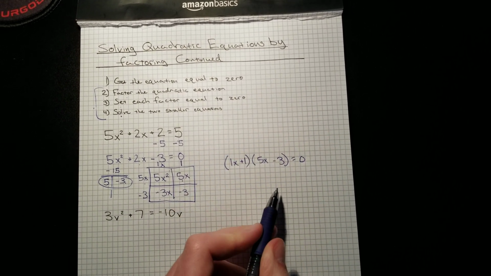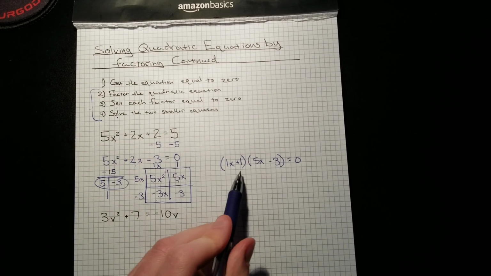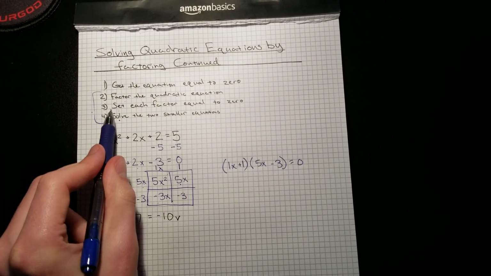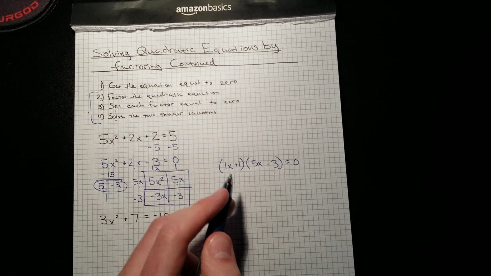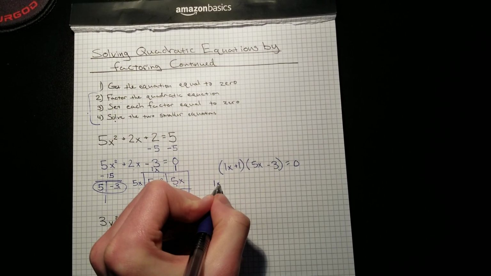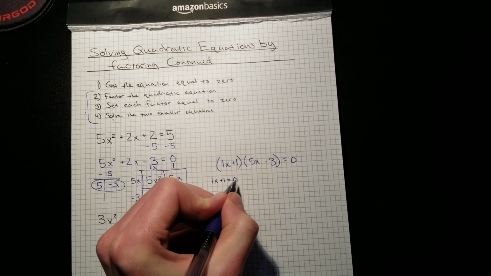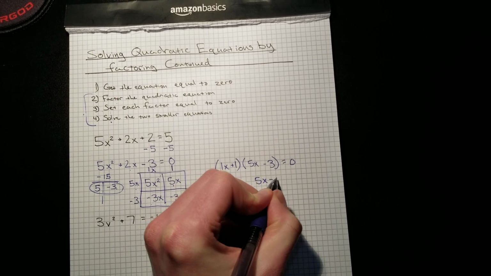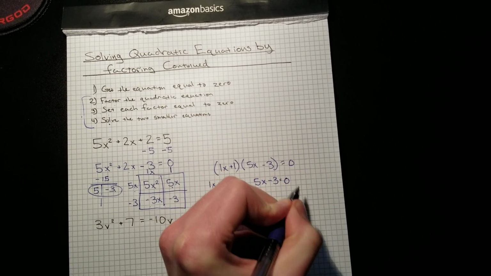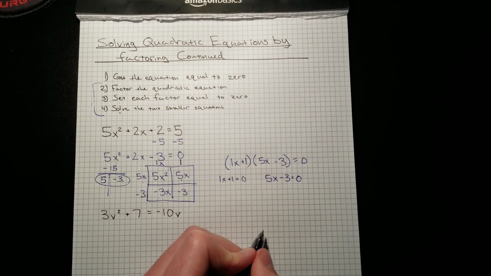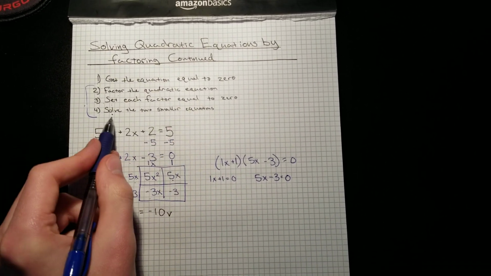That equals 0. So that was step 2. We did the factoring. Now, step 3, set each factor equal to 0. So 1x plus 1 equals 0. 5x minus 3 equals 0. And now, step 4, solve the two smaller equations.